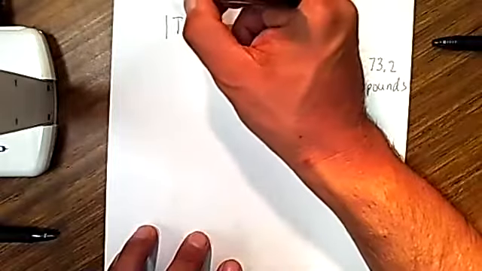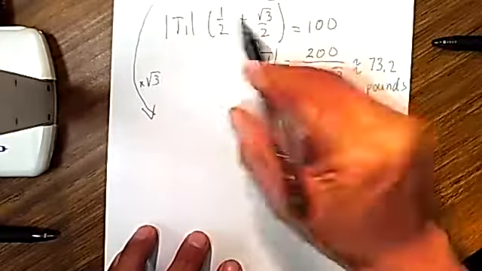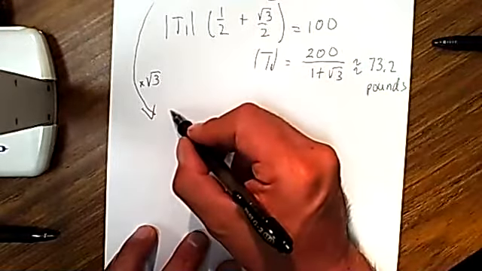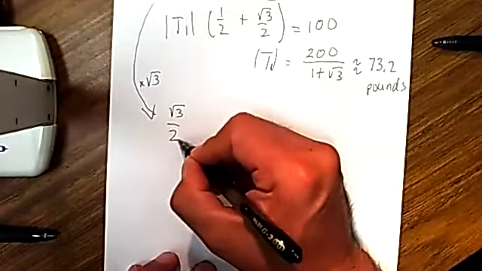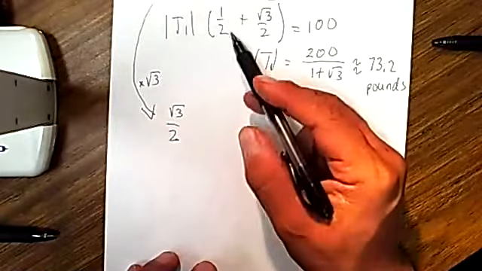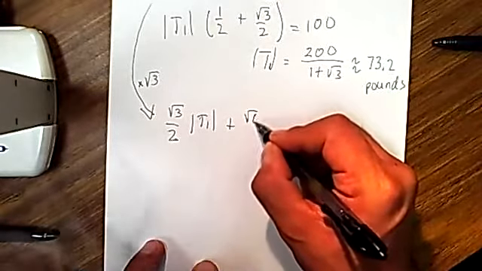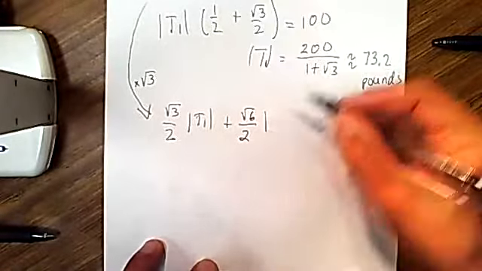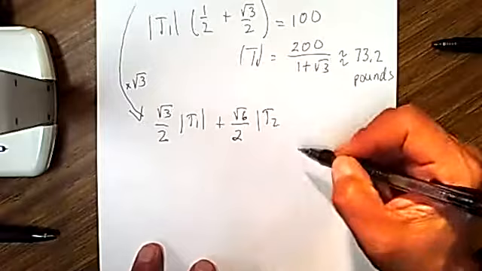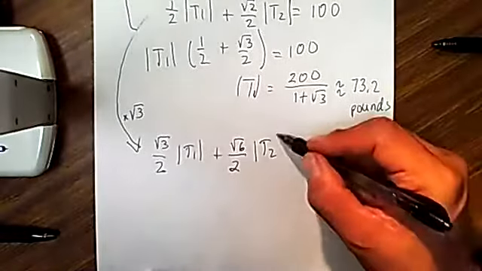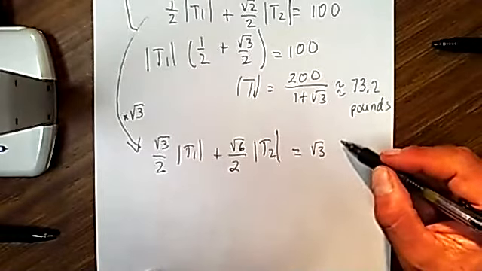So if we take the second equation and multiply it by the square root of 3, the entire equation, we end up with square root of 3 over 2 times the magnitude of T1 plus the square root of 6 over 2 magnitude of T2 equals square root of 3 times 100.